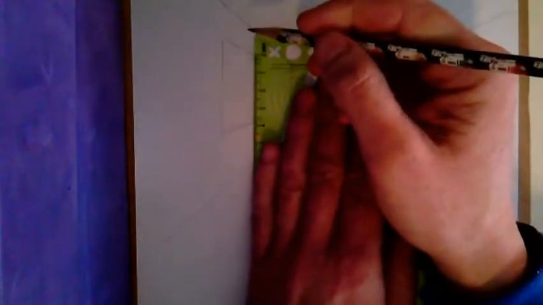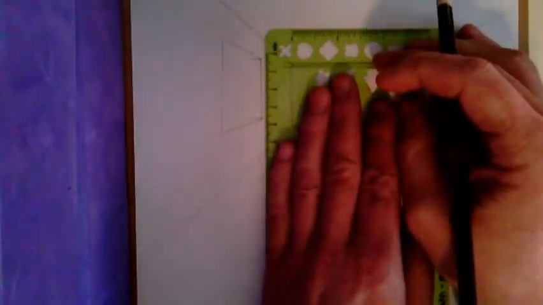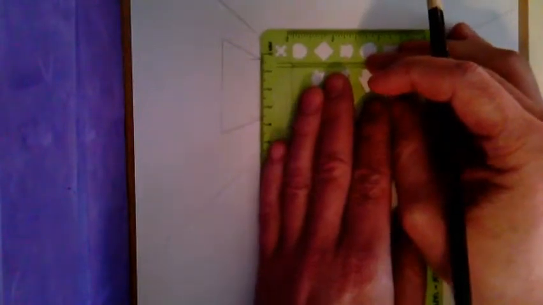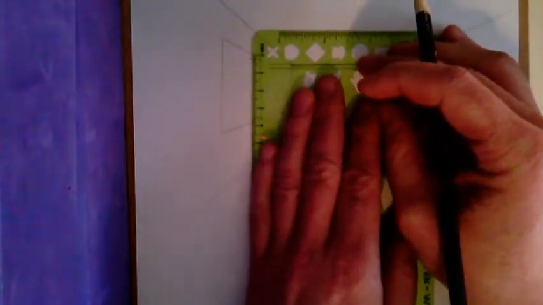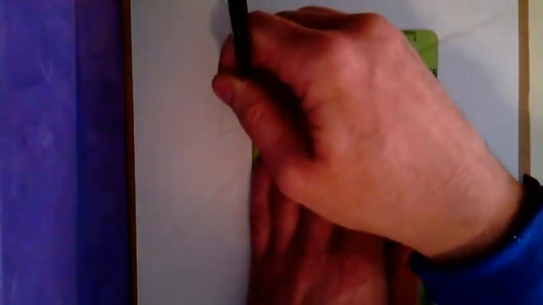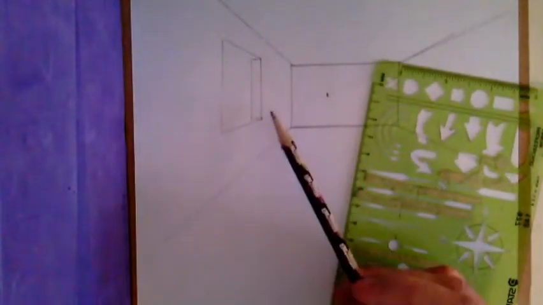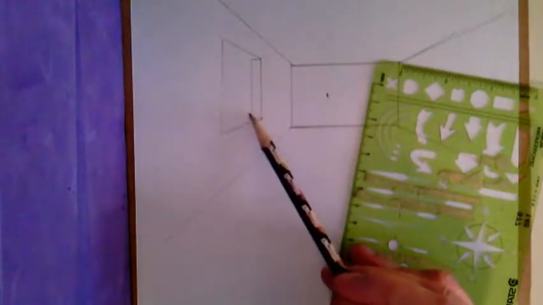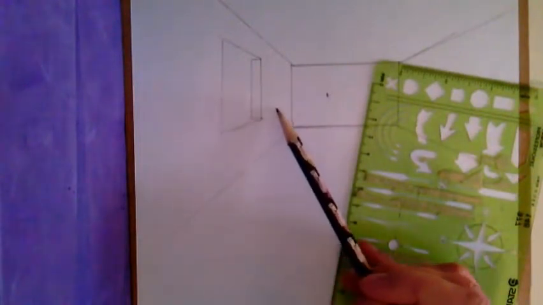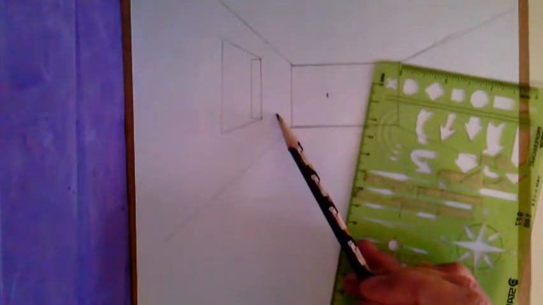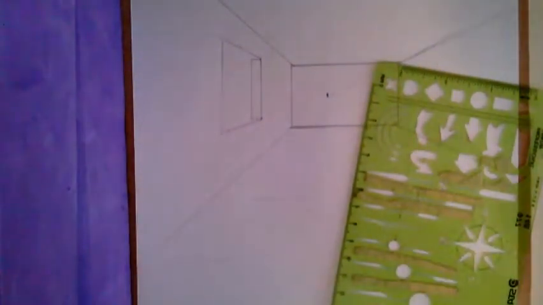Now, what this rectangle is going to do, and I'm going to have to keep it parallel to the original line as well, so I have to be pretty careful here, is it's going to show depth inside of the window. So this wall is no longer flat, but it's got a little bit of space inside of it. Focus that in a bit more for you.